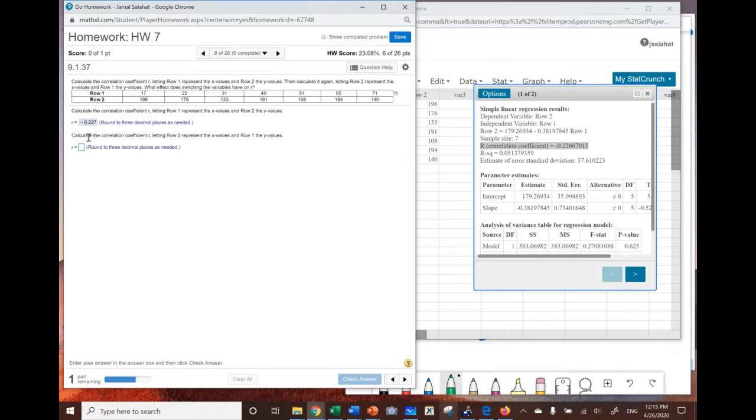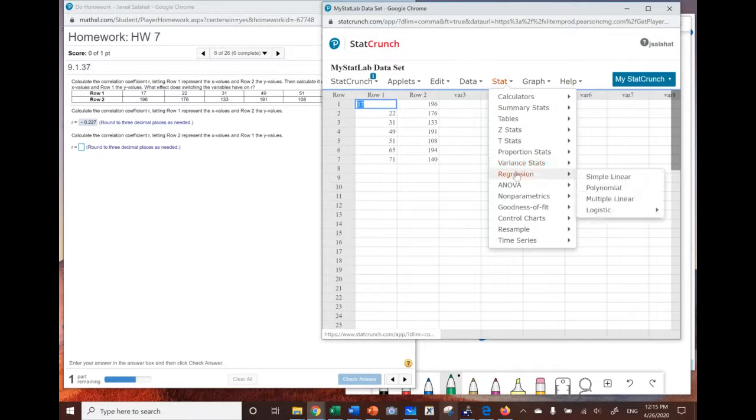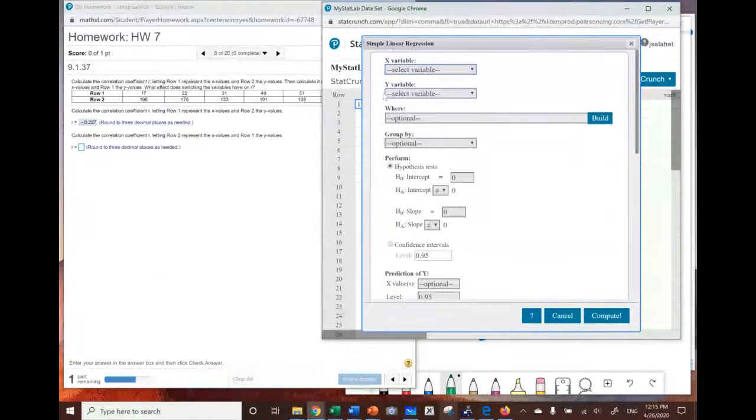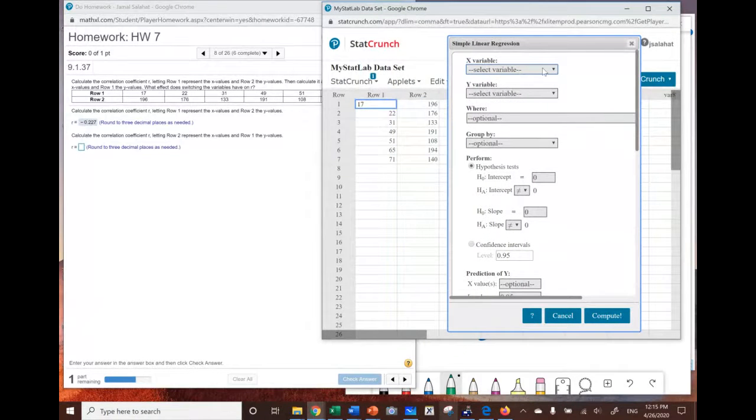The second time, they say calculate the correlation coefficient R, letting row 2 represent the X and row 1 represent the Y. So let's repeat this. Stat, Regression, Linear. But when you choose the X, don't choose row 1, choose row 2.